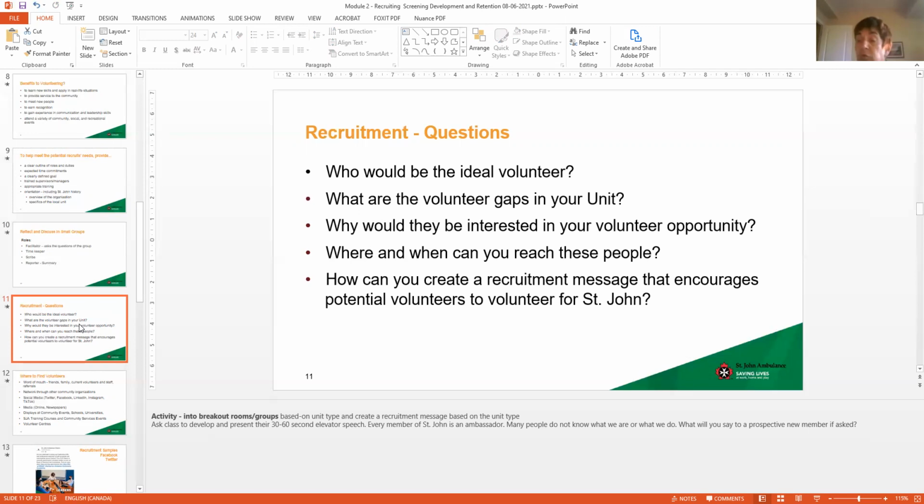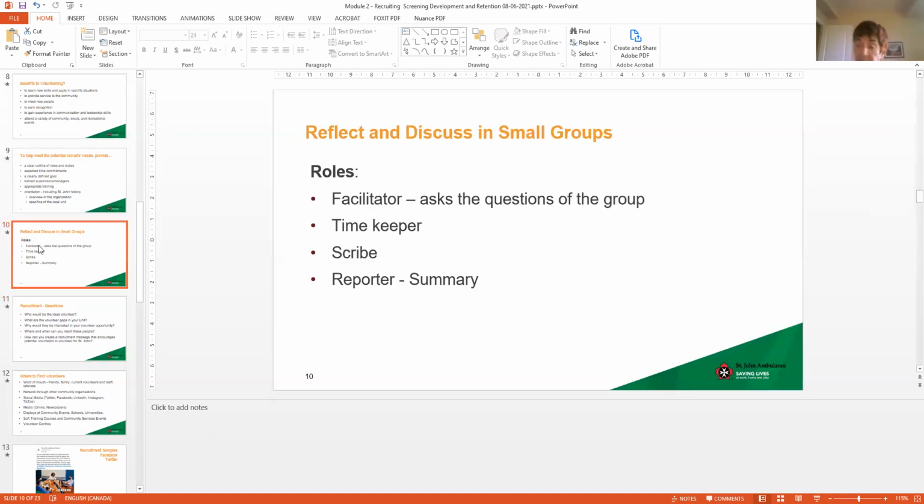The reporter provides the feedback to the whole group. The scribe takes notes while people are talking. They may not be the same one that wants to talk. And that's where you allow for some people who would not present. They don't want to record because they don't want to talk. So you break it up. That way everybody has a job.